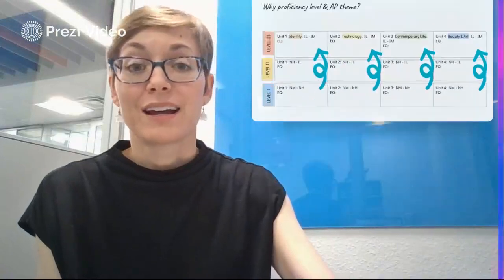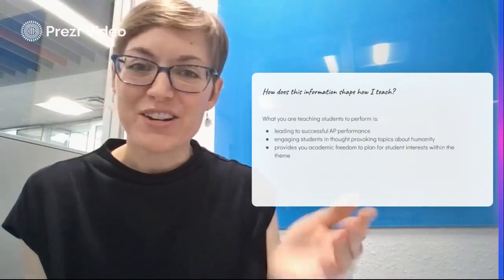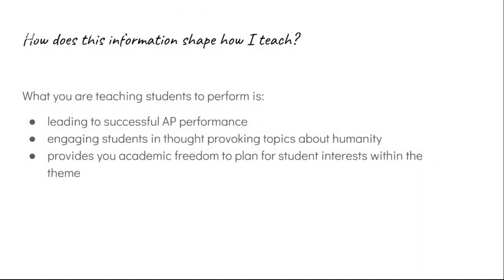Now, as a teacher, you might be thinking, how does this information shape how I teach? If I'm a level 2 teacher, why is this important for me?